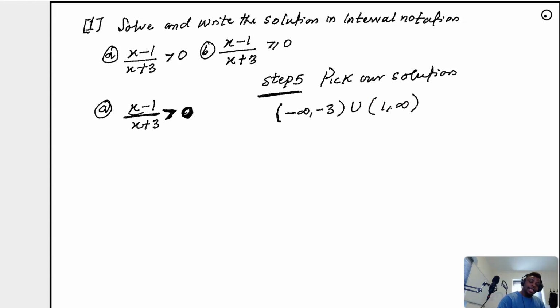So we need to see if this satisfies our inequality. Remember, we have greater than 0. And if I look at my numerator, remember we got our critical points, minus 3 and 1.